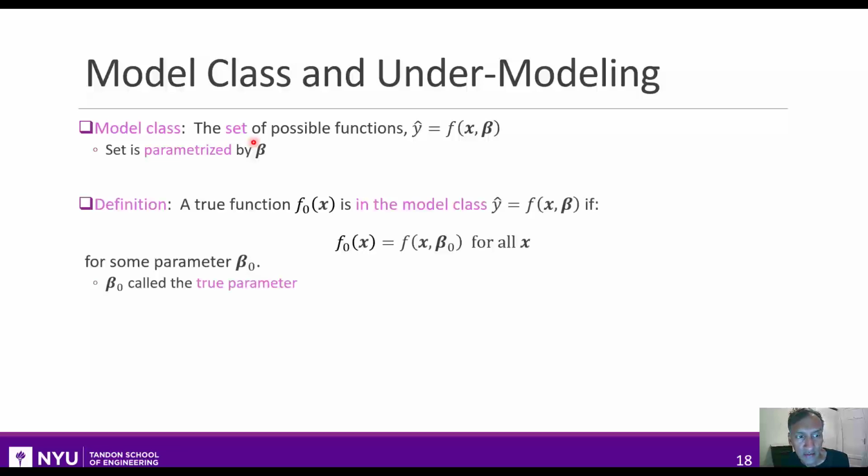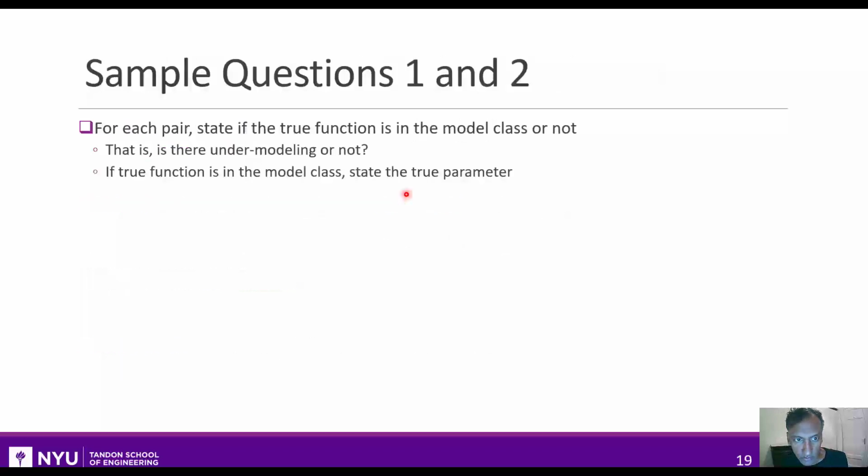And we'll say that the true function is in the model class if I could theoretically choose at least one parameter, called beta naught, where the estimated function exactly aligns with the true function. You may not be able to estimate that parameter, but let's just hypothetically say it exists. In this case, we'll call beta naught the true parameter. And we'll say this is under modeling whenever the true function is not in the model class. I'll try to explain why that is relevant in a moment.